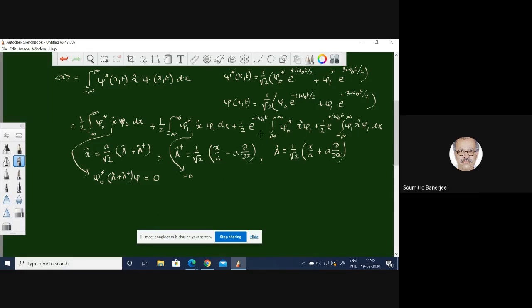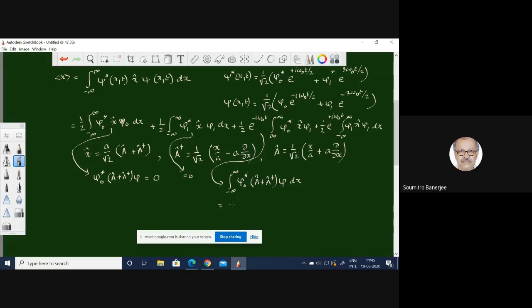This integral is, let me write it once, minus infinity to infinity, psi naught star, a dagger plus a, psi 1 dx.